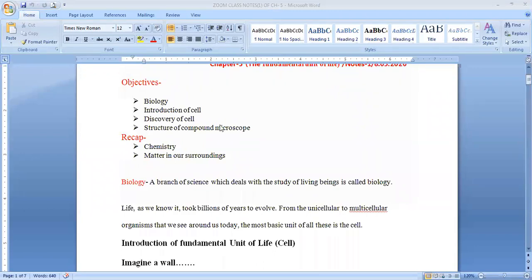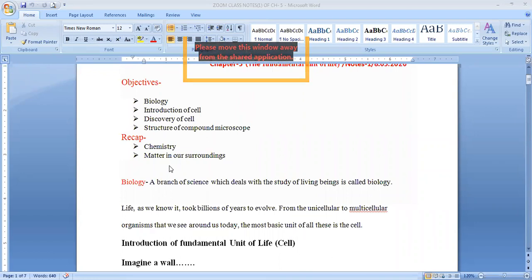So, before coming to today's topic, let's have a quick recap. We have already discussed chemistry, a branch of science which deals with the study of chemicals and their composition, or you can say which deals with the study of matter, that is known as chemistry, right?